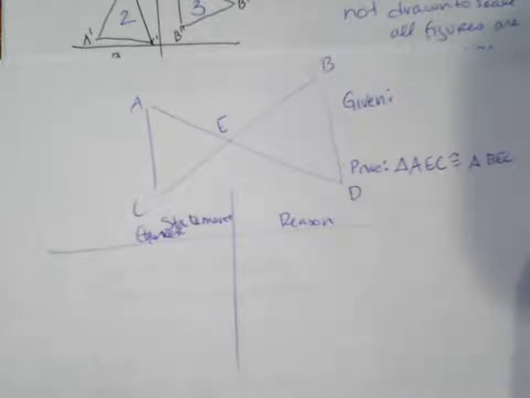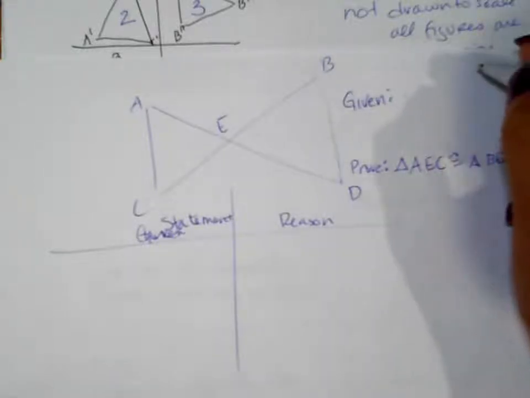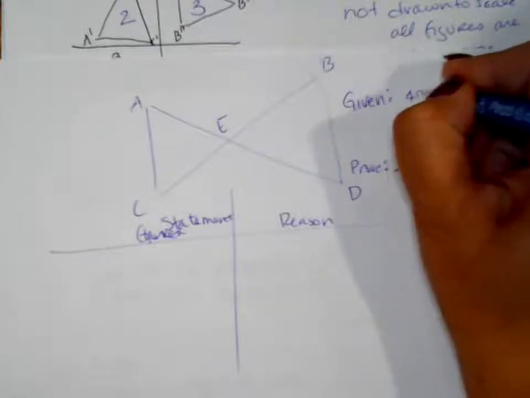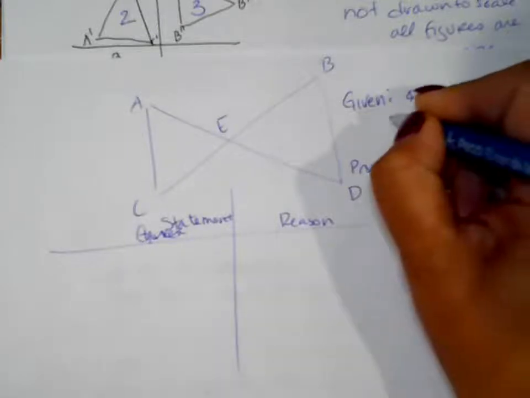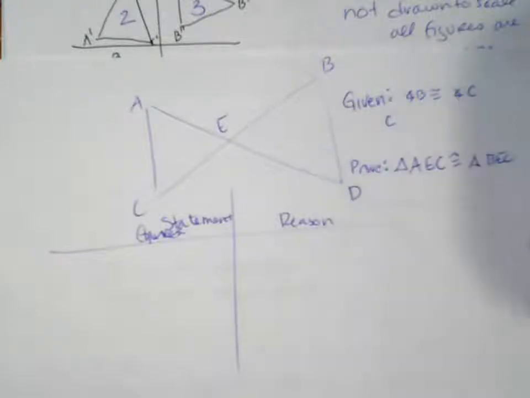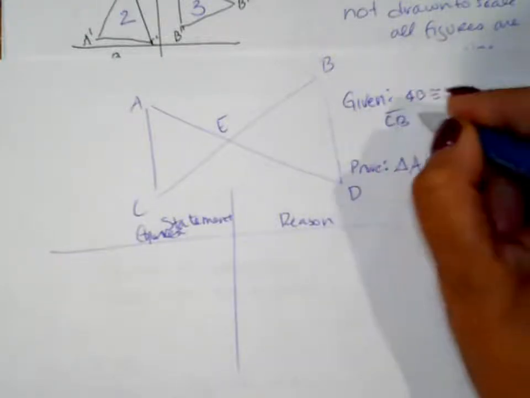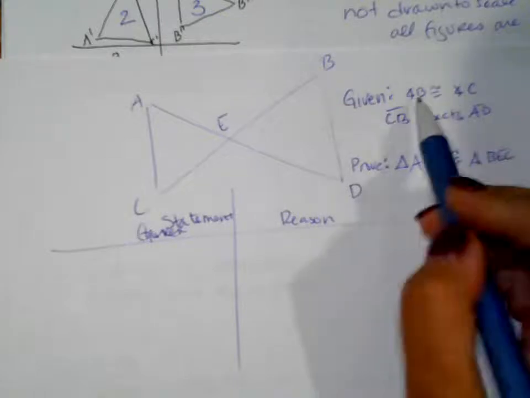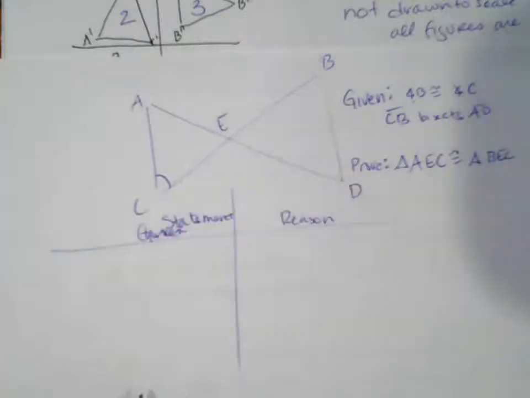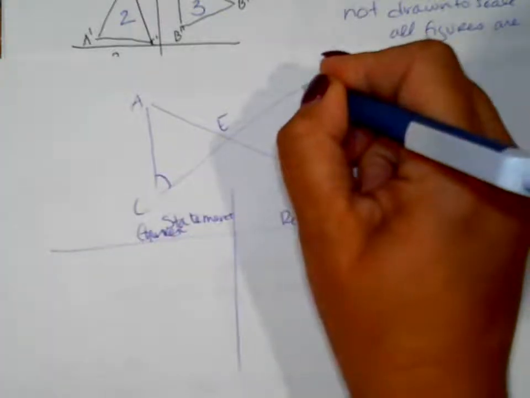I can make something up. So if I just say angle B is congruent to angle C, and let's go with CB bisects AD. All right, so if that's given, I can say that this angle is congruent to this angle.